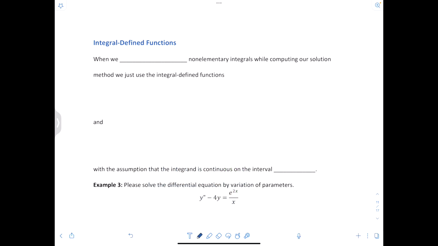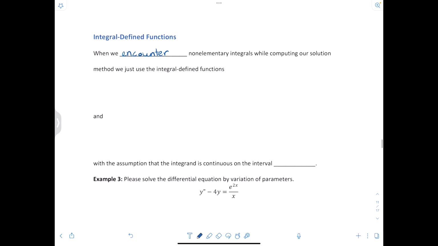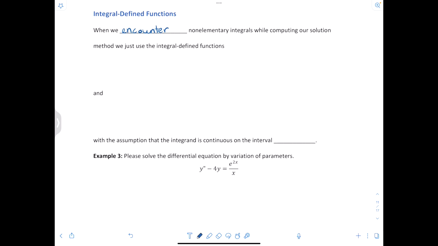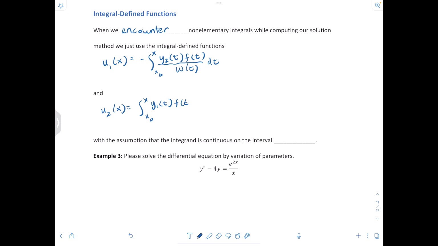Integral defined functions. When we encounter non-elementary integrals while computing our solution method, we just use the integral defined functions. u1 at x is equal to negative integral x0 to x, y2 at t f at t over w at t dt, and u2 at x would be integral x0 to x, y1 at t f at t over w at t dt.